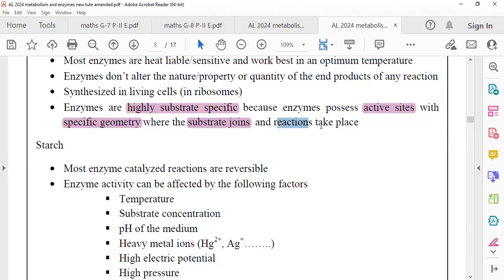There only the reaction takes place. Understood? Yes, sir. So the active site geometry and substrate geometry are complementary in nature. Good.